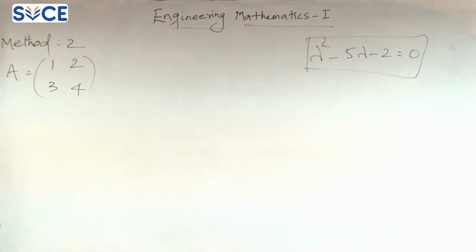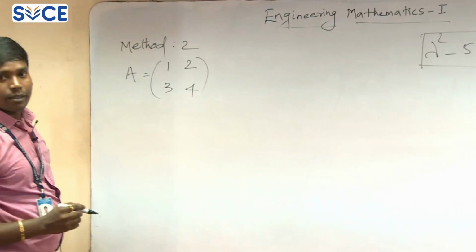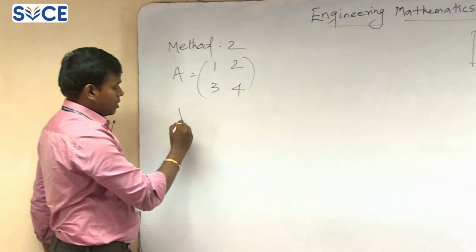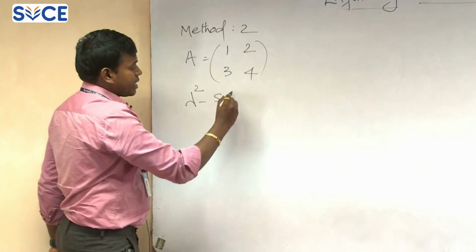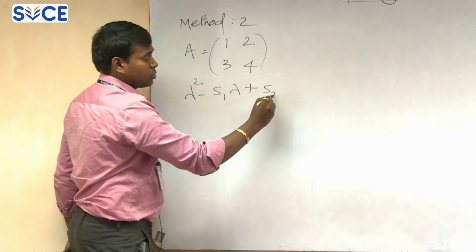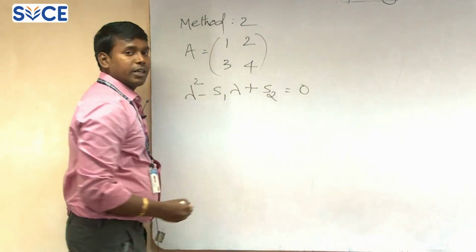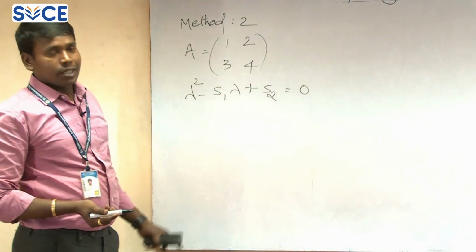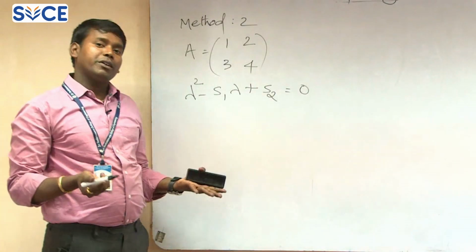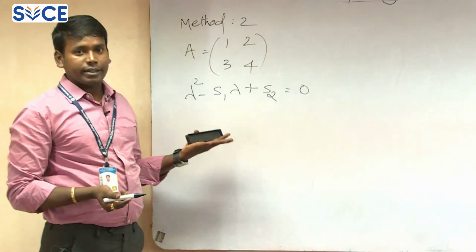Now method 2. Method 2 is the formula method. That is, the formula is lambda square minus S1 lambda plus S2 equal to 0. Here S1 and S2 are constants. So instead of S1 and S2, you can use C1, C2 like that.